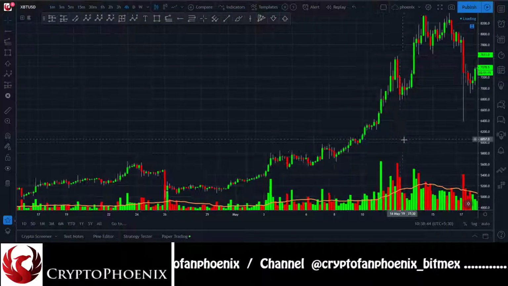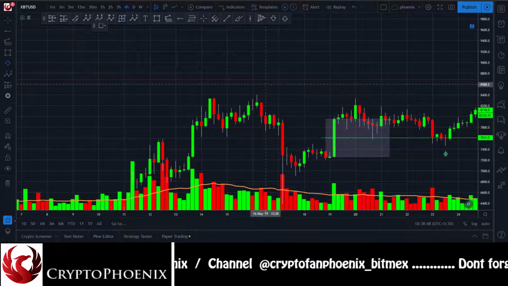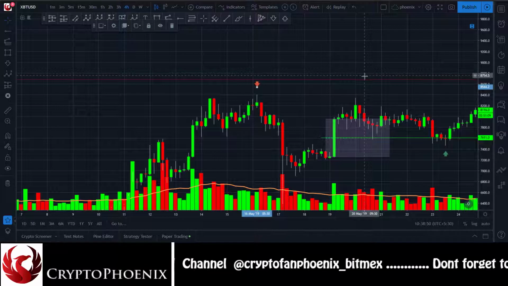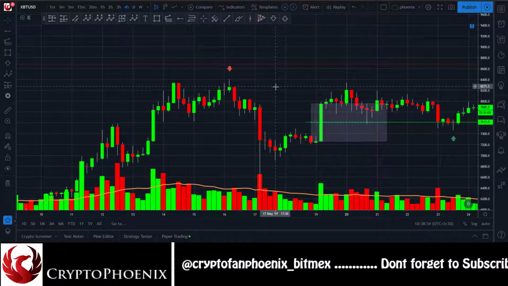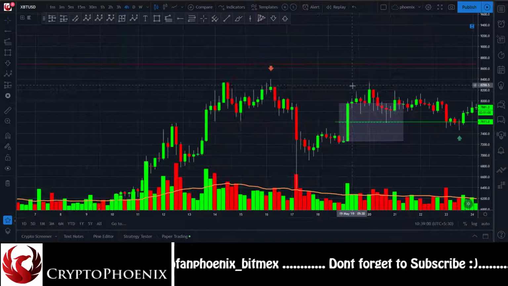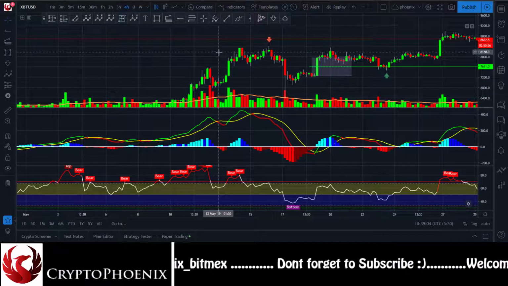Let's look for a candlestick right here. So yeah, you can look here, that's an inverted hammer candle. And again, how to trade this?